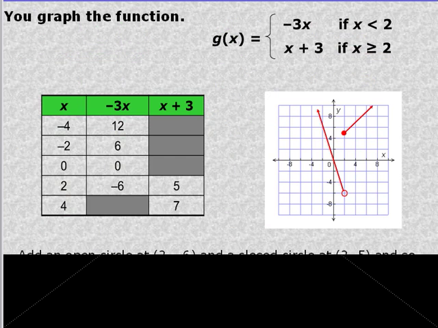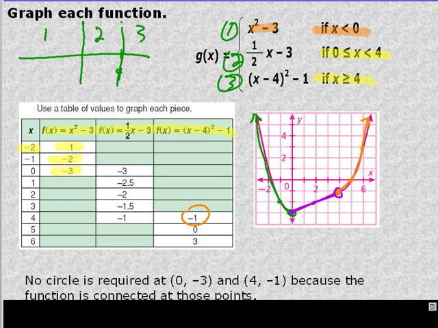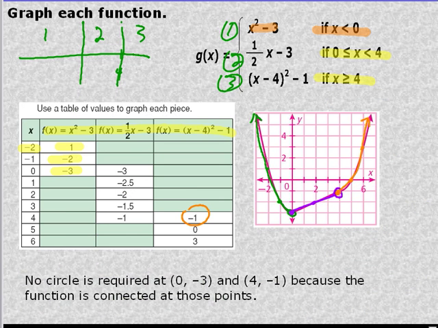I think there's actually one more thing to say down here. It says no circle is required. Basically, they're saying no circle is required here or here, since we have two things that are joined. So you can't really tell. If you're doing it in pencil, you couldn't really tell which one was the closed or open circle.